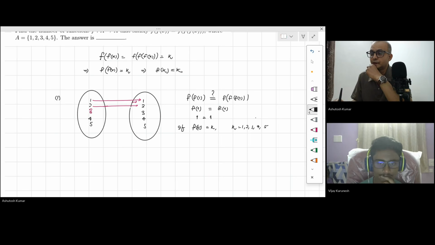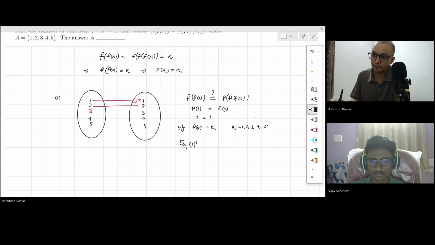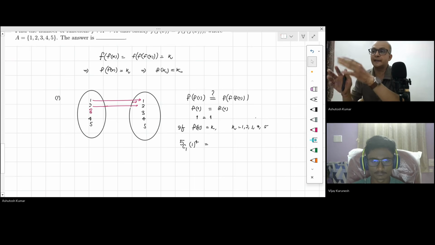It means 2 has how many choices? 1. 3 has 1 choice, 4 has 1 choice, sorry, 5 has only 1 choice. So 1 to the power 4. This is the first case, when 1 is mapped to 1, meaning f(k) equal to k is exhibited by only one entity.